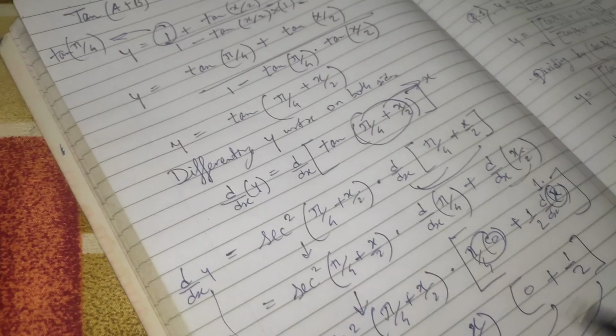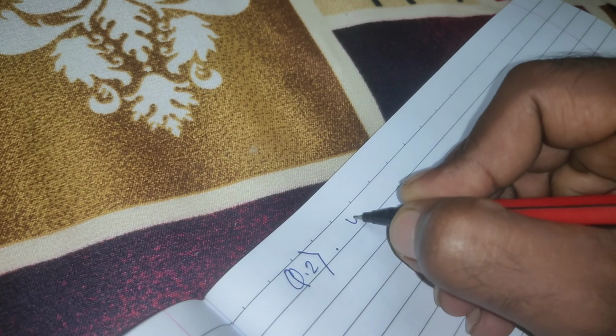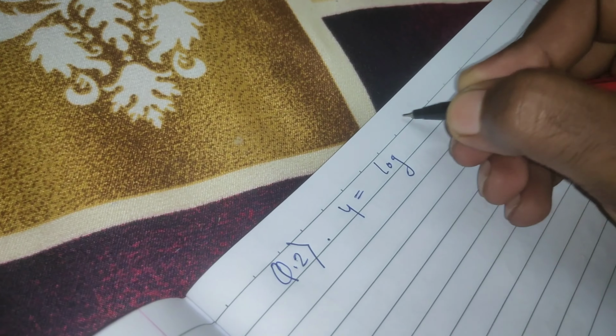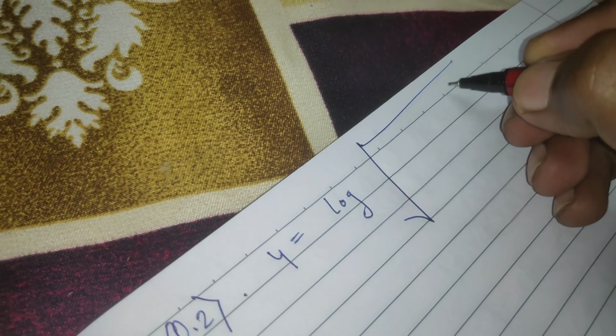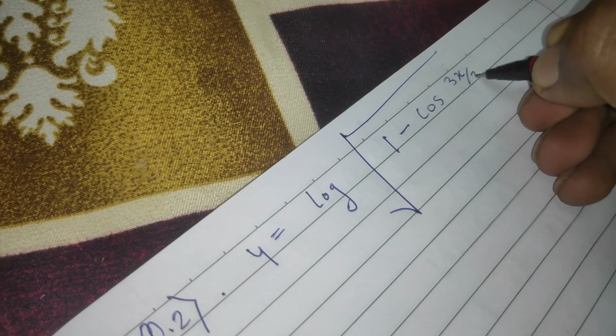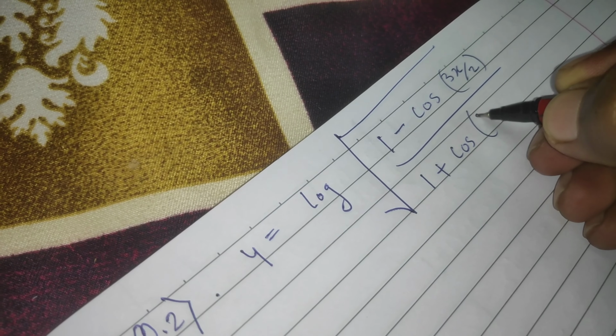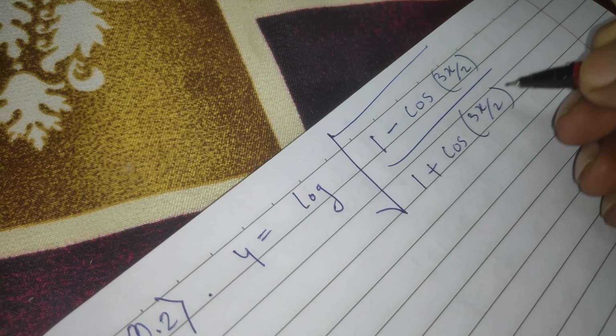So next, question number 2: y equal to log of root of (1 minus cos 3x upon 2) upon (1 plus cos 3x upon 2). This is also a similar question.